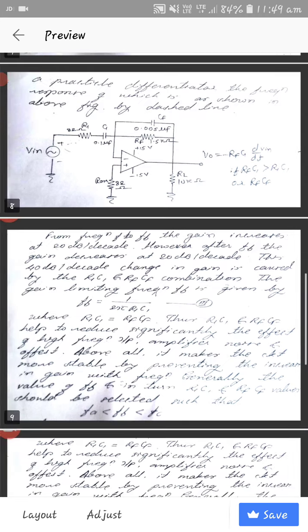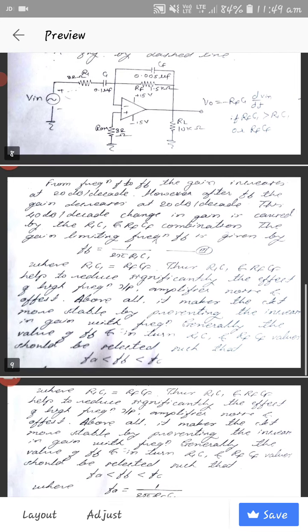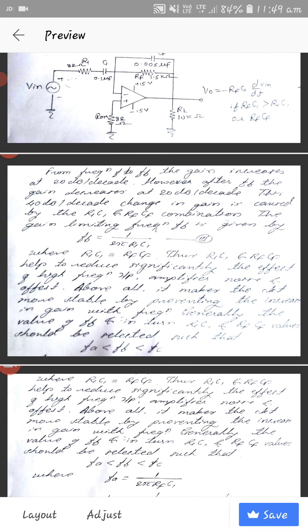So from the frequency F to FB, the gain increases at 20 decibels per decade. However, after FB, the gain decreases at 20 decibels per decade. This 40 decibel per decade change in gain is carried by the R1, C1 and RF, CF combination.